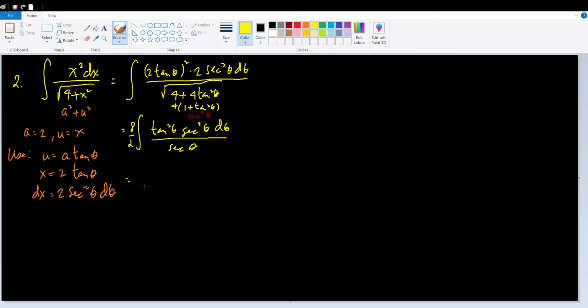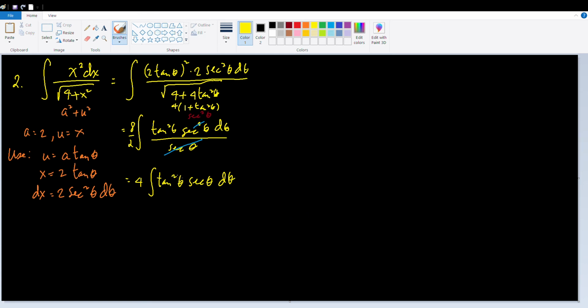So 8 over 2 is 4. Secant squared over secant, that will cancel secant theta. So what do we have? Tangent squared theta, secant theta d theta.